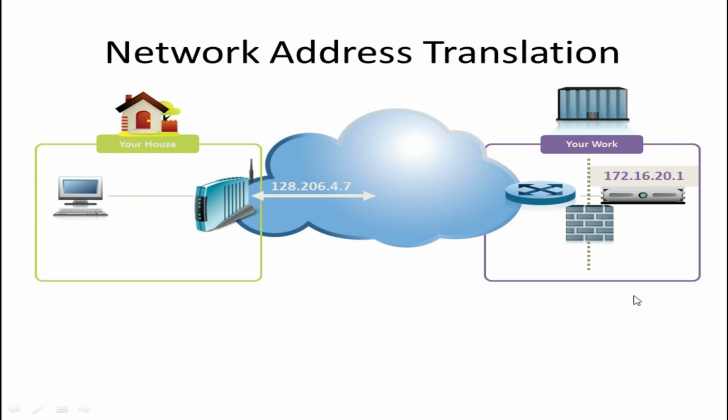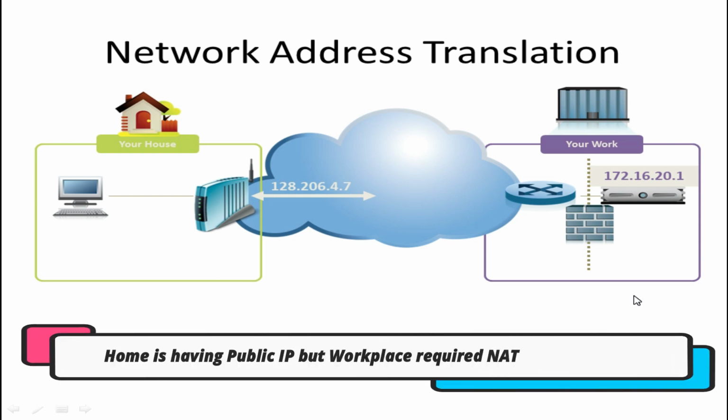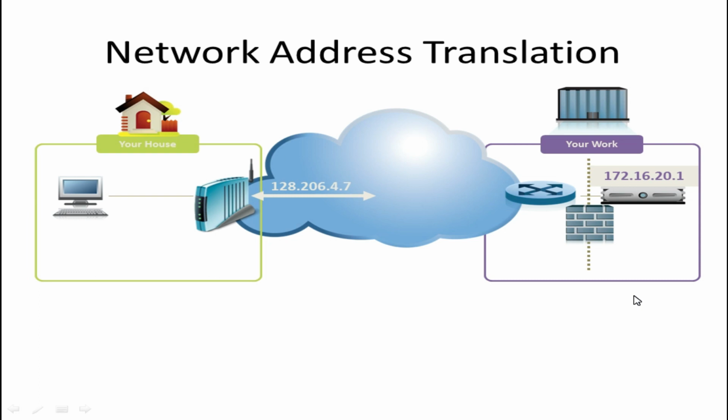Let us suppose there is a firewall or something else now in place at your workplace, and your server is assigned a private IP range. Because a private IP range is not routable over the public internet, you need to perform NAT there. There is no other option.